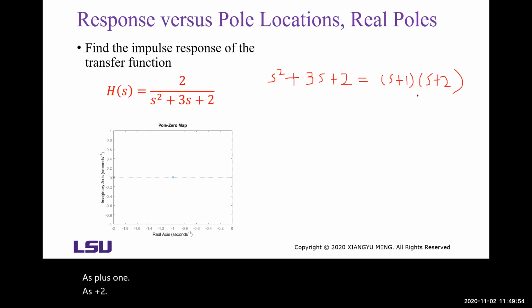Therefore, we know the transfer function has two poles. One is -1, another is -2. It has no zeros.